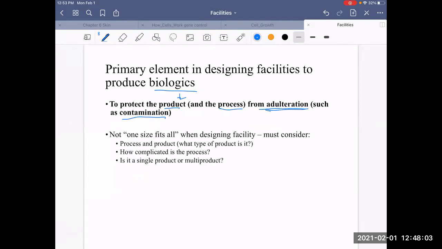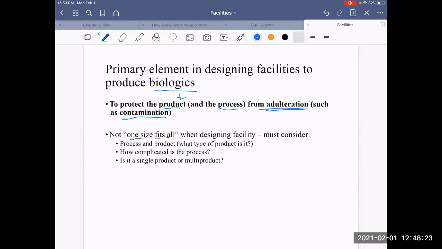Okay, so these facilities are different, right? They're not the same at all. So it's not one size fits all. It's not like they make a big square building or rectangle building and just put the stuff in it. It's really specific how it's designed.